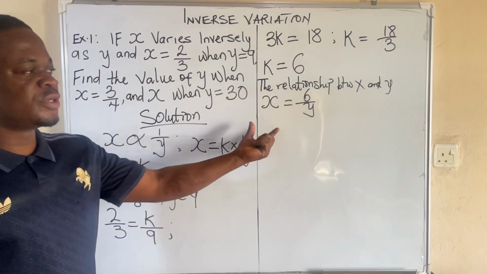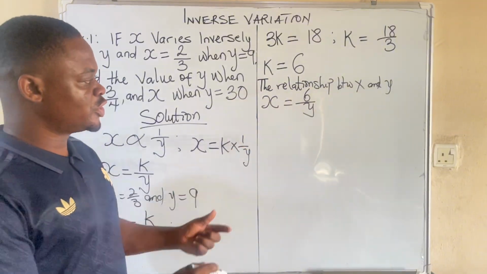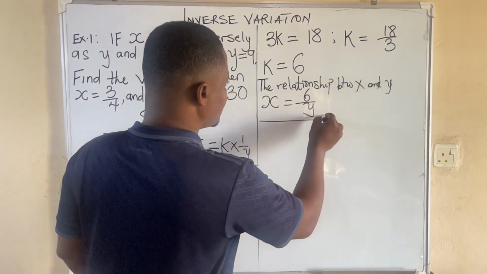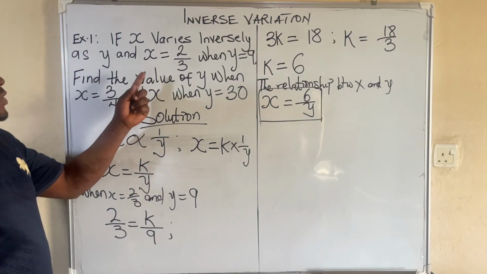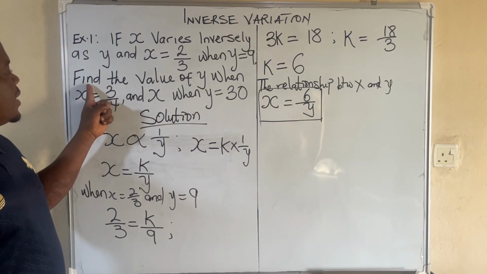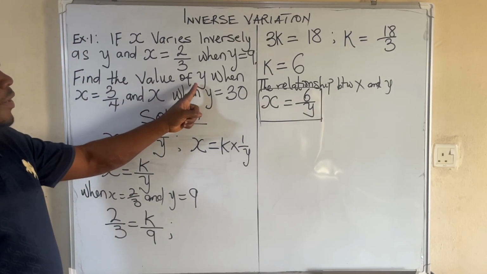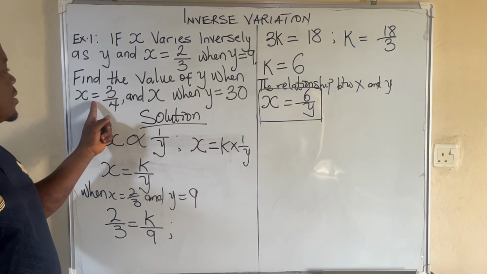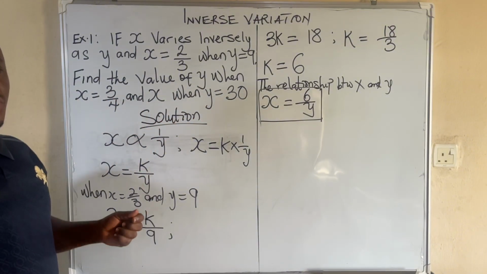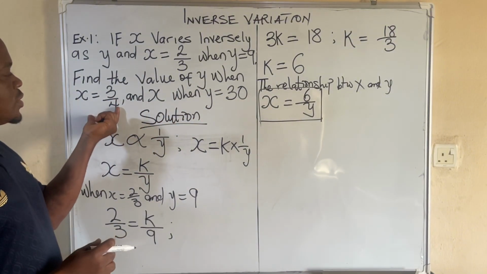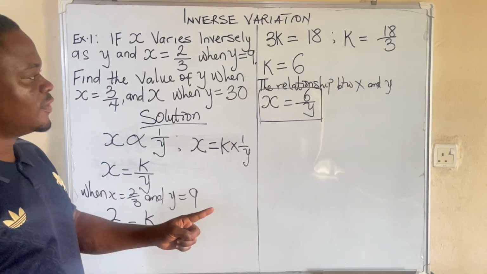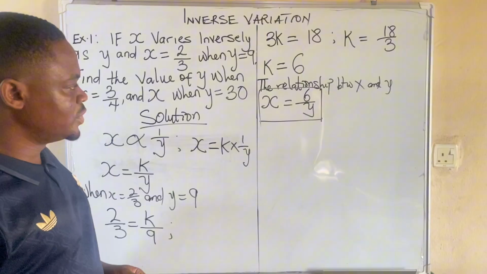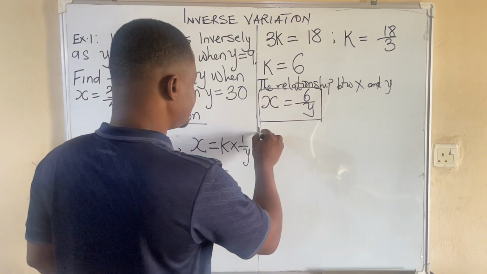With this relationship, we can now get the value of the remaining quantities. So we are to find the value of y when x is equal to 3 over 4. All we need to do is to substitute 3 over 4 for x in this equation and we'll get the value of y.